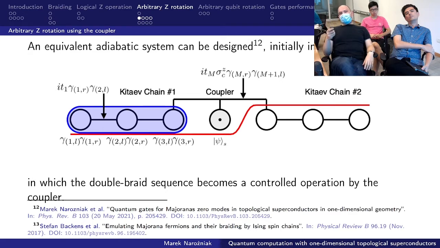So what if an extra sigma z is coupled to one of the couplings? Then it will pull out either +1 or -1, depending on the state of a corresponding qubit. That's what is often referred to as free spin coupling. And this allows us to implement the controlled Z gate in the adiabatic protocols on the Kitaev chain. Apart from that, everything is the same as on the previous picture.